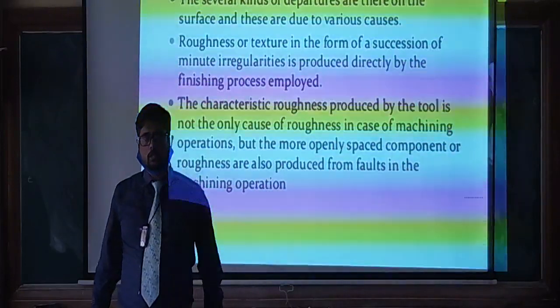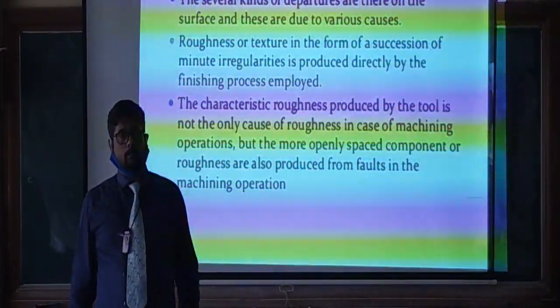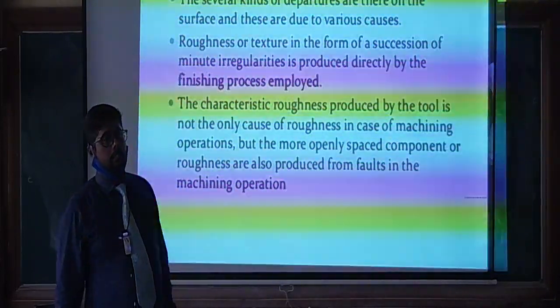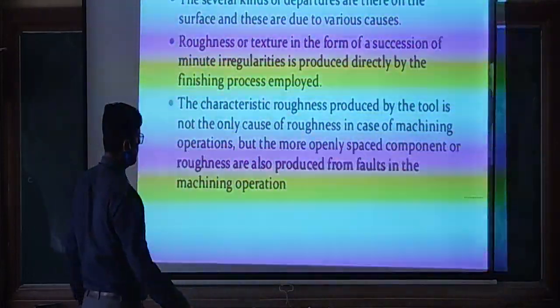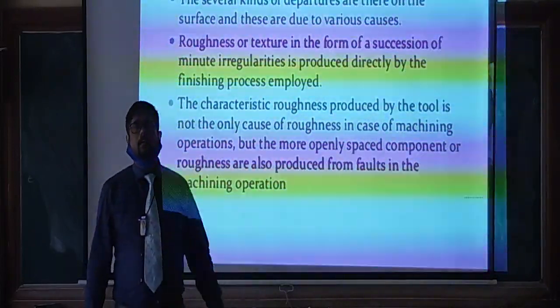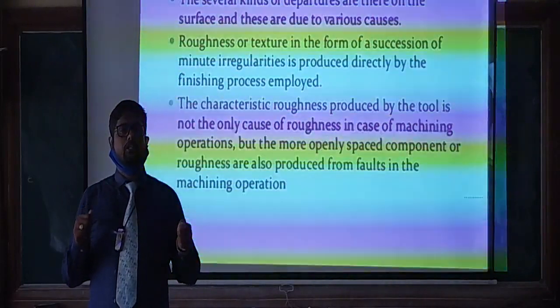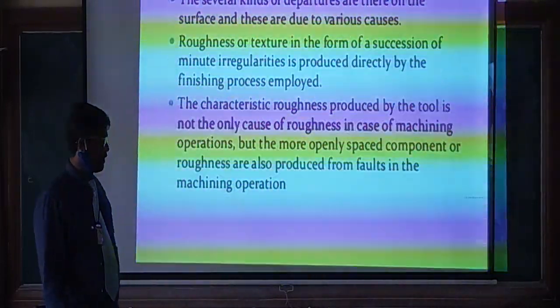What are the faults? Dampers not being proper in the machine, which absorb the vibrations. We provide dampers to CNC machines, so that is a machine fault. If the table is not rigid, then also the chattering marks or small vibrations will come.